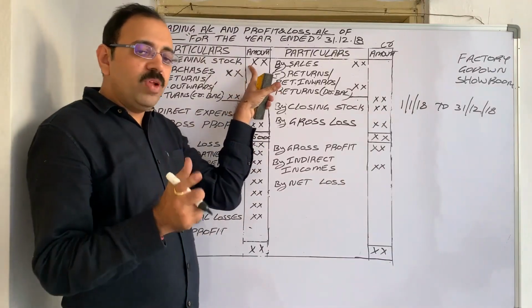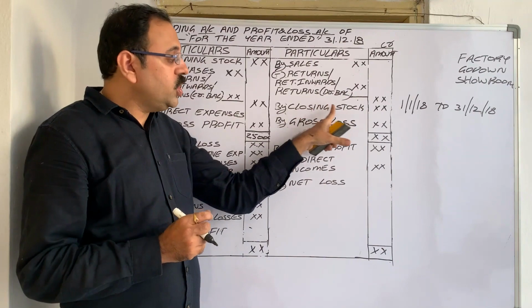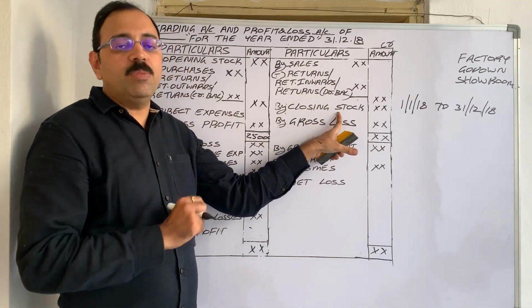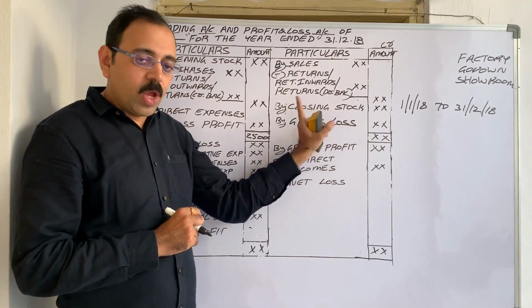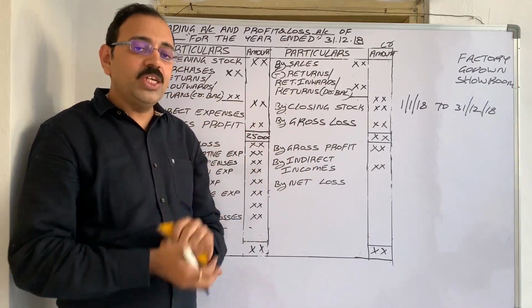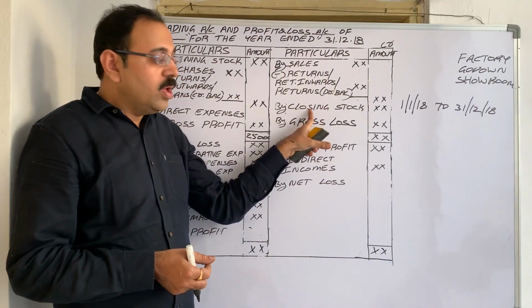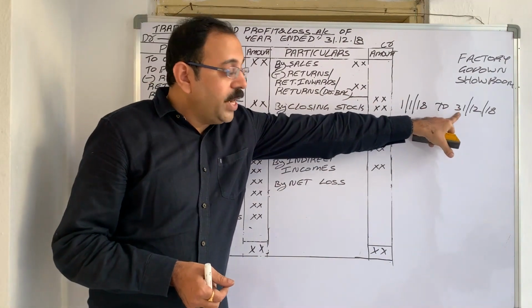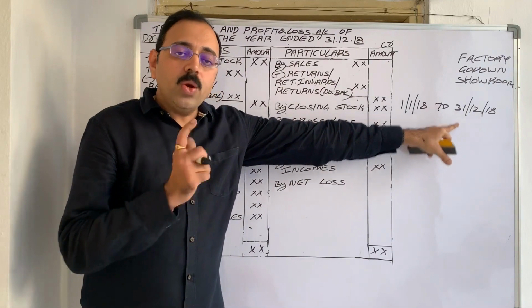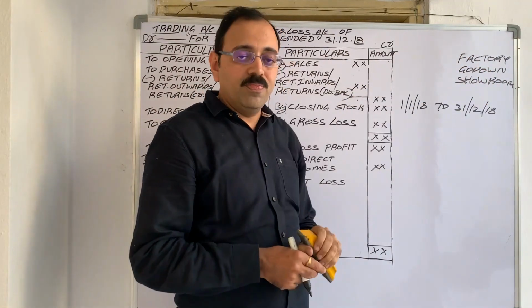Opening stock value will be given in the trial balance, but generally closing stock will be given as an adjustment amount. Why? Because we don't prepare any closing stock account in the ledger book. So how to calculate closing stock value? At the end of the year, the accountant goes to the firm's factory, godown and showroom.